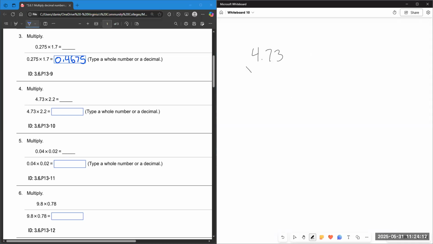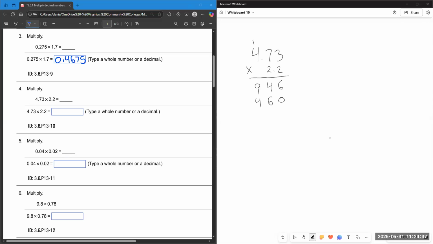4.73 times 2 and 2/10 is going to be 2 times 3 is 6. 2 times 7 is 14. 2 times 4 is 8, plus 1 is 9. Let's get rid of that carry. 2 times 3 is 6. 2 times 7 is 14.